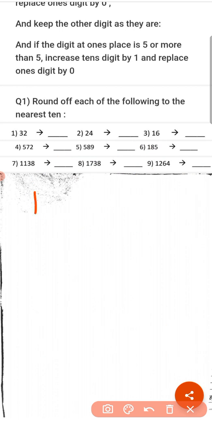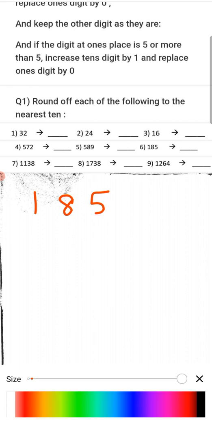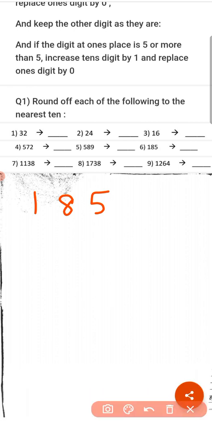Now our next number is 185. Same steps. Check the digit at the ones place, which is 5. 5 is equal to 5. If the digit at the ones place is 5 or more than 5, 5 or 5 il kooduthalu aanengil nammal endu cheyanam?